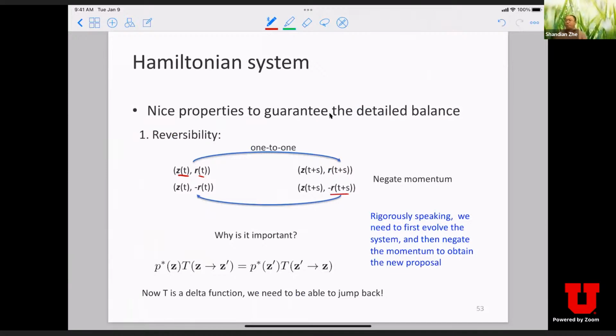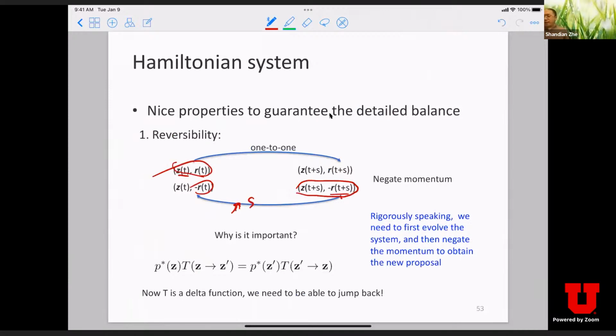And then you initialize your state in this way, meaning that you have the same position but you reverse the direction of velocity. Then you evolve for the same amount of time s, and then you negate the momentum again. You're going to recover the original state. This is called reversibility.